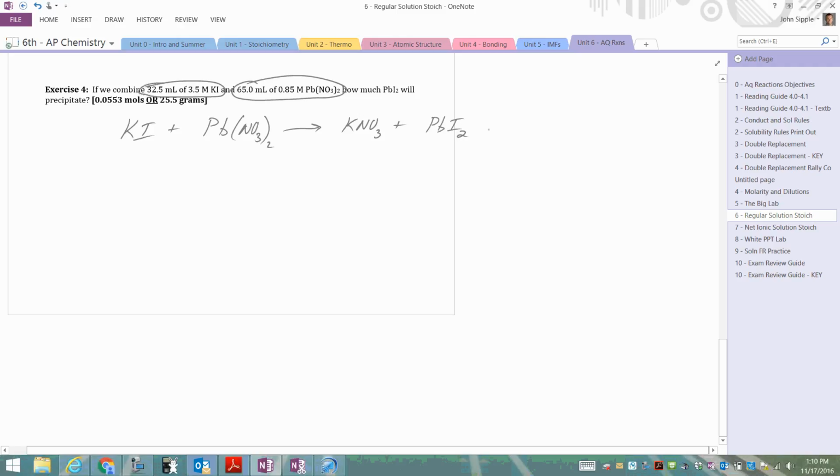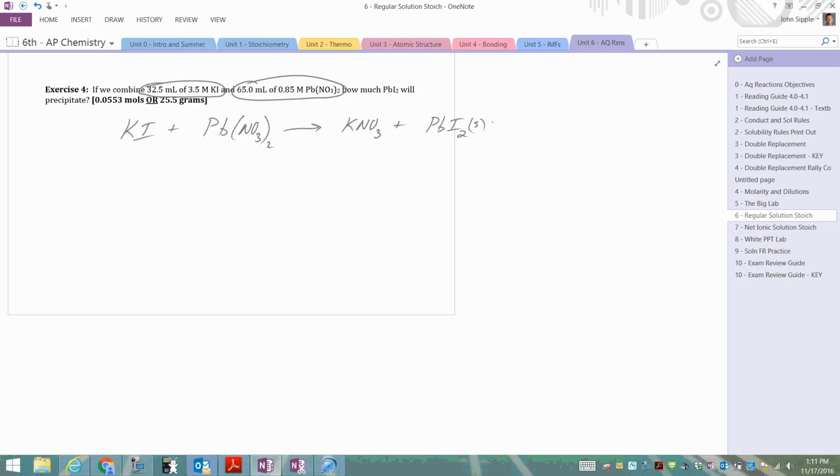All right, so you guys, solubility rules, which ones are precipitate? PbI2. Hey, even if you didn't know that, they let us know how much PbI2 will precipitate. By reading the problem, they tell you what should precipitate.